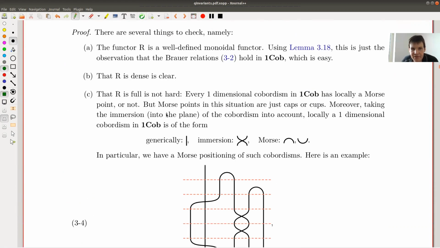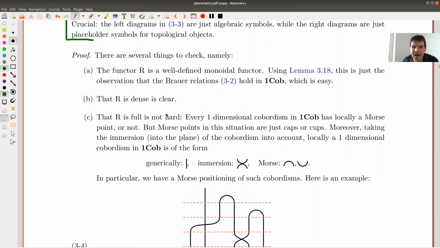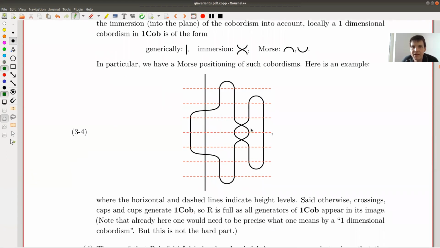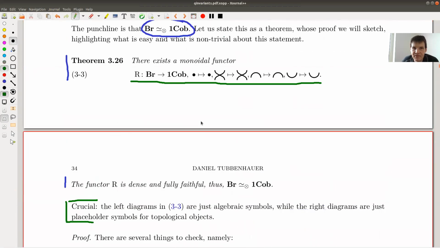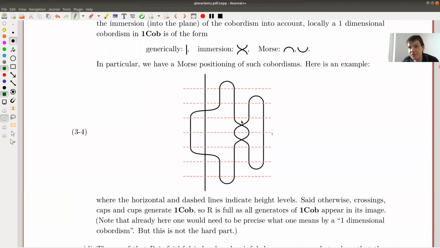Okay, I sketched the proof. You can have a look at it. It's not so bad. You basically need to find some Morse positioning of cobordisms. You slice it into pieces, and each piece corresponds to one of the generators of the Brouwer category, which shows that the functor is full.